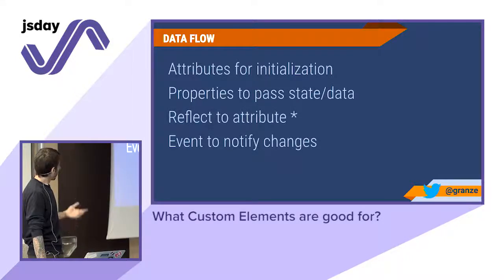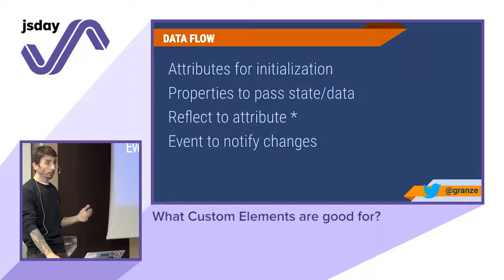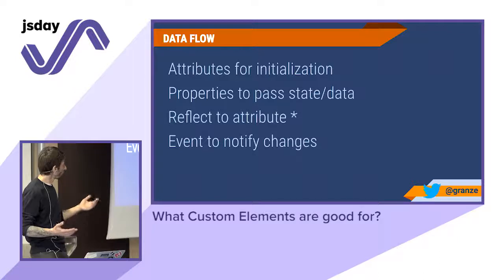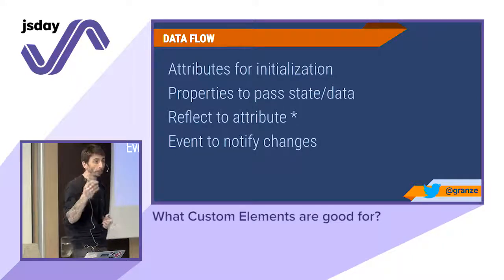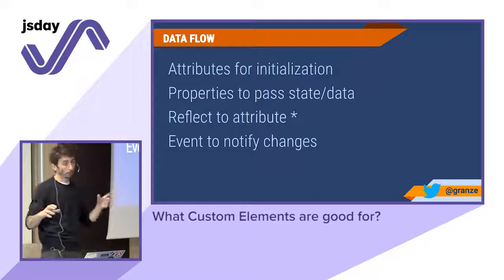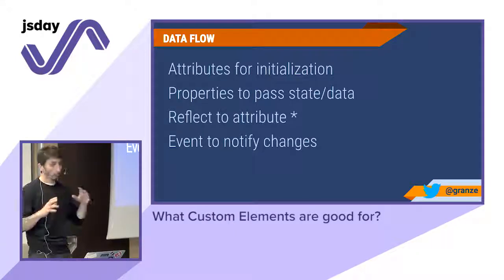And I can use custom events to notify other components, or, I don't know, you can simply use a mediator pattern, for example, so you can fire an event to the parent component, and the parent component will propagate the props to all the children.